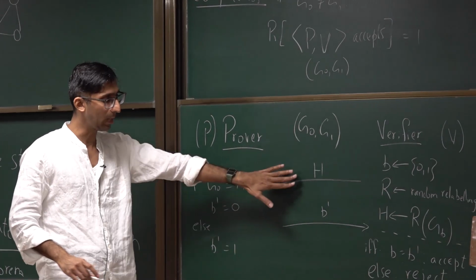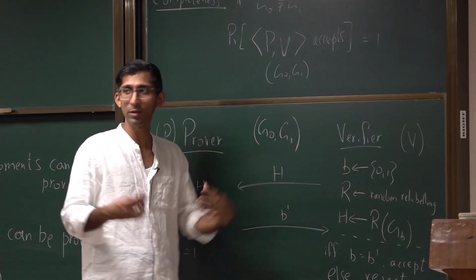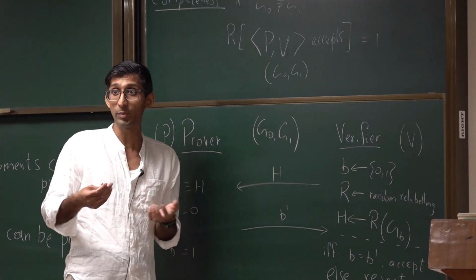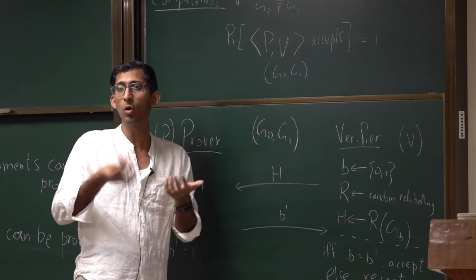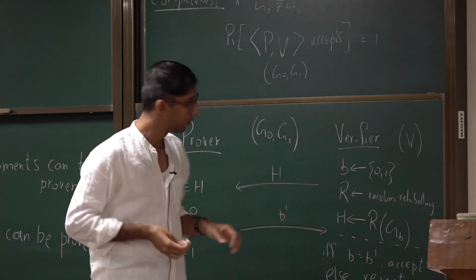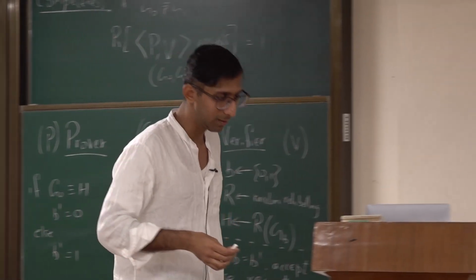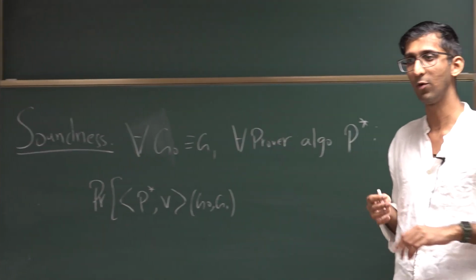It has to follow the type of messages, because otherwise you will know. You are the verifier. If you're expecting a bit in response and instead you get some number or some string, then you know that the prover is not following the protocol. So you can just say, okay, I don't believe you. It has to follow the specifications of this protocol, but it may not be following the algorithm that you have prescribed the prover to follow.